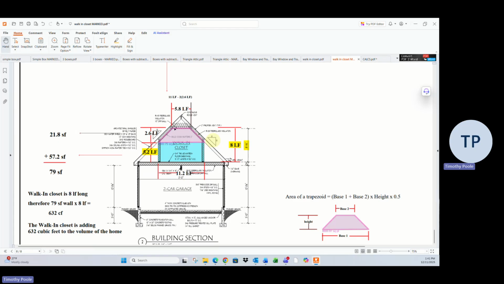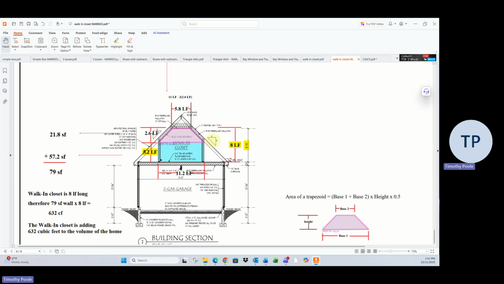Base 2 is simply 2.6 linear feet deducted from 11.2 plus an additional 2.6 linear feet deducted, which will give us 5.8 linear feet for base 2. Therefore, after the equation, base 1 plus base 2 times the height times 0.5, the area of this trapezoidal part of this wall is 21.8 square feet.